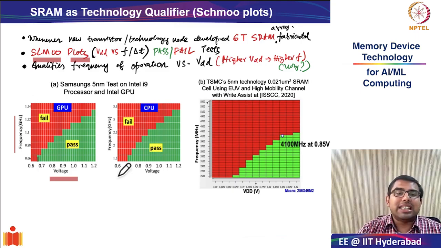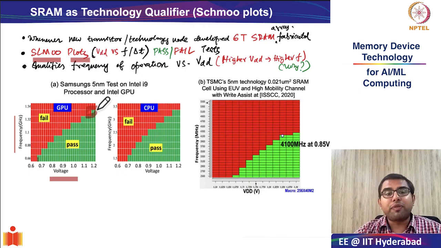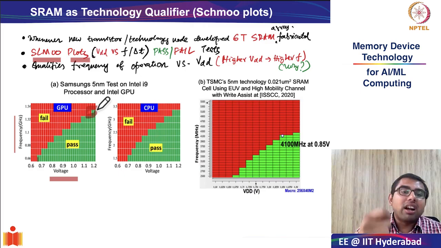And what we see is a very beautiful pattern of pass and fail. Of course, at higher frequencies you will require higher operational voltages. This is because at higher frequencies you want your transistor to respond much faster, and how do you respond faster? By applying higher drive current.